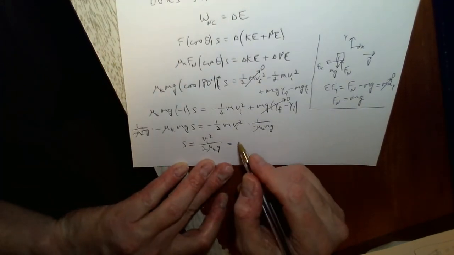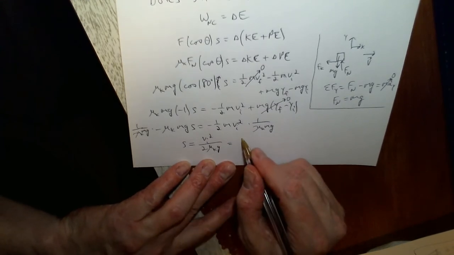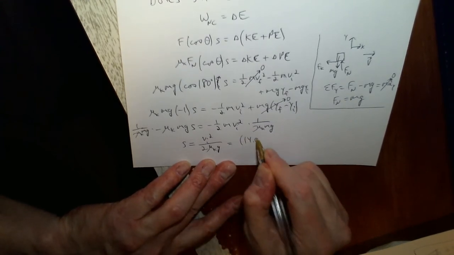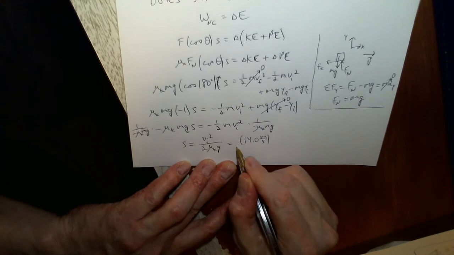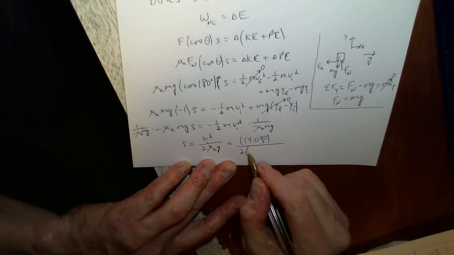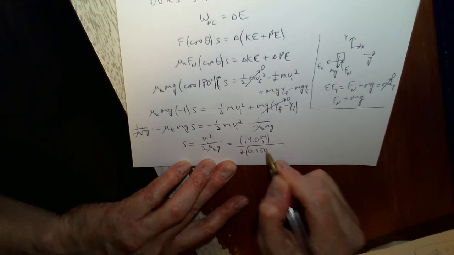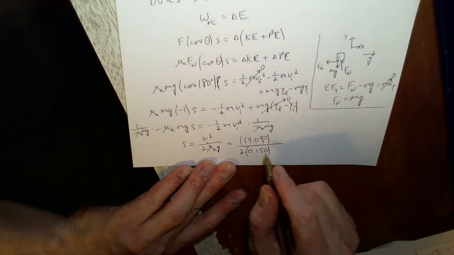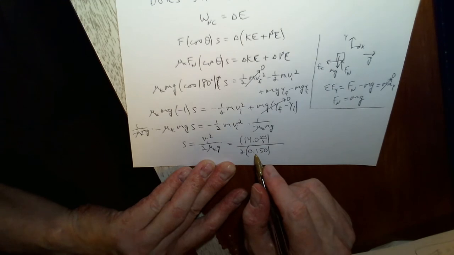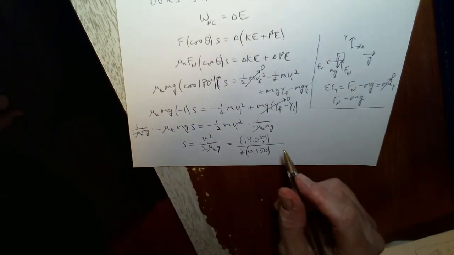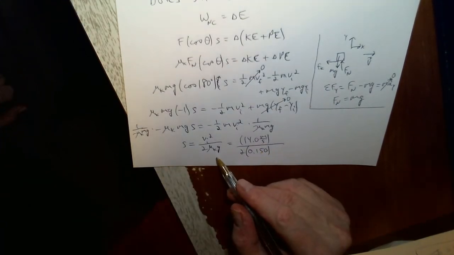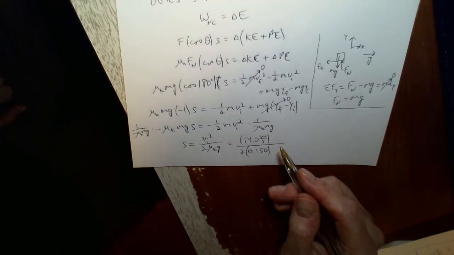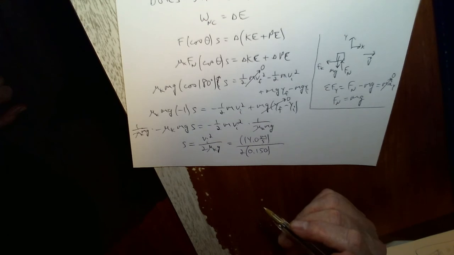And so this is equal to v initial squared, which was the 14 meters per second that we figured out in the last problem, over 2 mu k, which is given, it's the 0.15. And notice no units for the kinetic friction coefficient because it's a ratio of forces, right? It's the ratio of the kinetic friction force to the normal force.